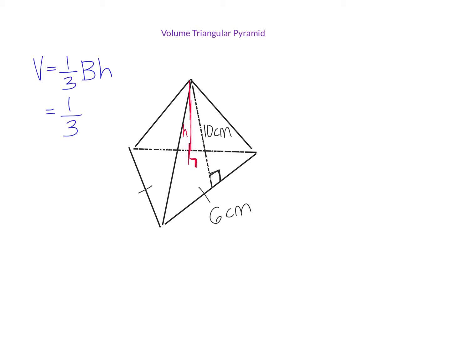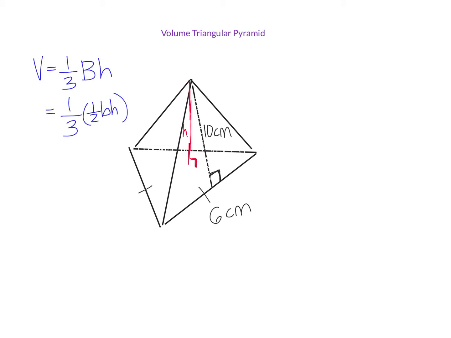We could use the area formula for a triangle, which is 1/2 base times height. Or we could use the formula for a regular polygon, which would have been 1/2 times the apothem times the perimeter. Since it's a triangle, I'm just going to go ahead and use 1/2 the base times the height.